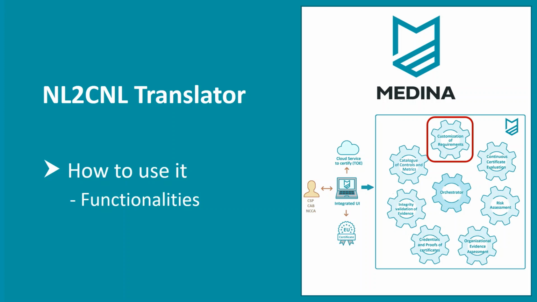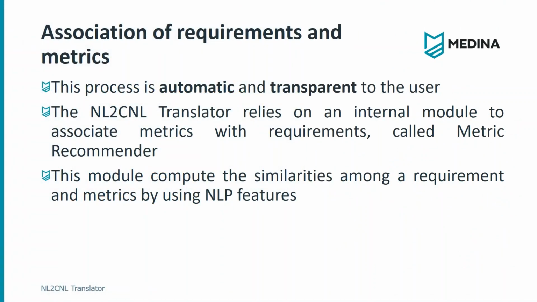Let's now take a closer look at how the NL2CNL Translator works. The first operation performed by this component is the association of a set of metrics to a requirement. To this aim, the NL2CNL Translator relies on an internal module, which is called Metric Recommender.